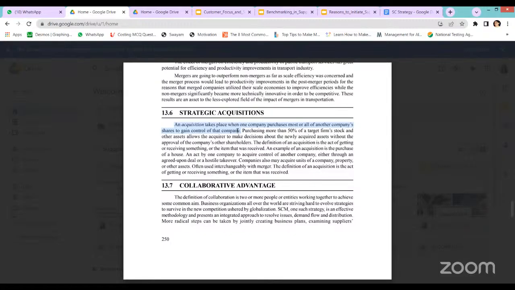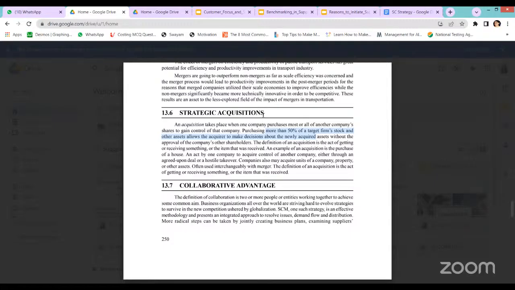Let me complete this, then I'll tell you again individually how they differ from each other. Purchasing more than 50% of the target firm's stock and other assets allows you to make decisions and take on new assets, without the shareholders' approval.